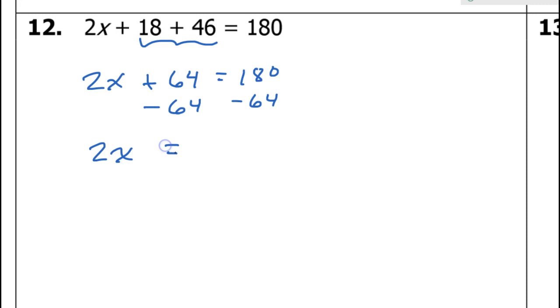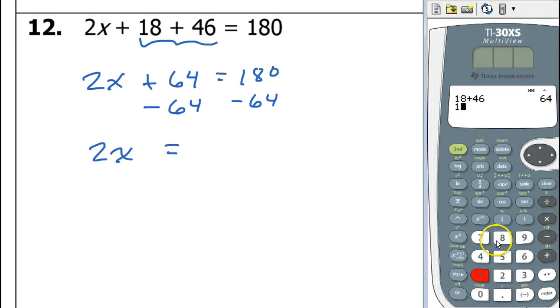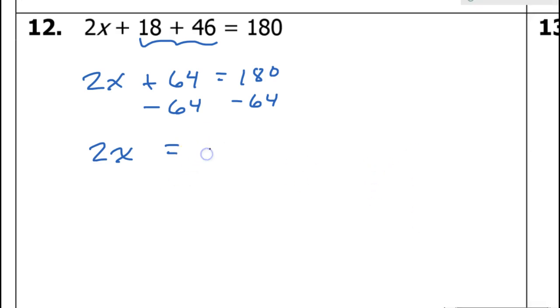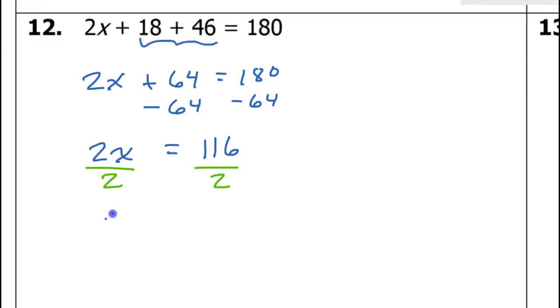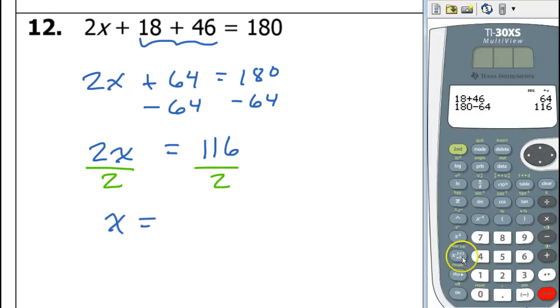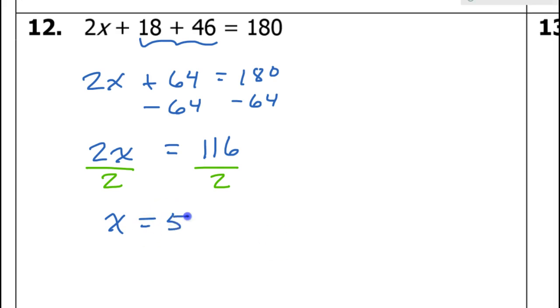So that's going to give me 2x is equal to 116. Time to divide both sides by 2 to get x by itself. So x is equal to 58.